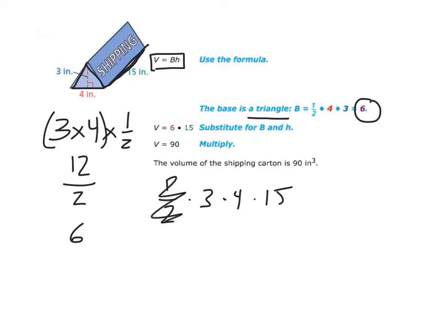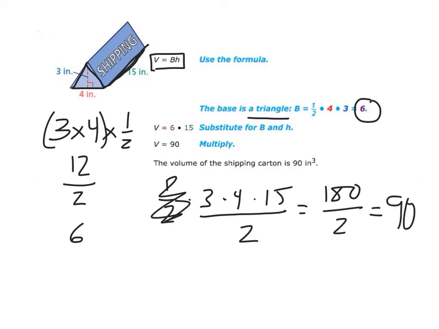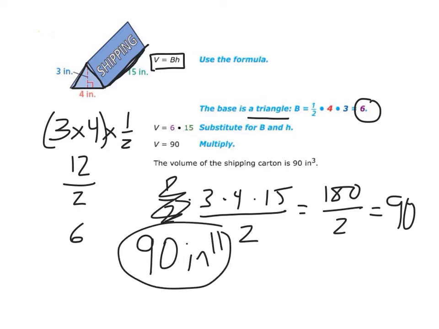I like to think about it like this: I'm going to do all that and divide it by 2, because this prism is half of a rectangular prism, one that has a rectangular face. 3 times 4 is 12, times 15 is 180, and 180 divided by 2 is 90. So this is 90 cubic inches. So this shipping container could contain 90 cubic inches.